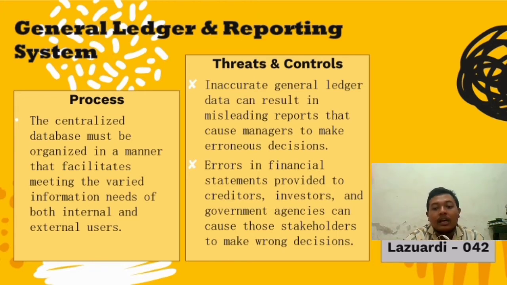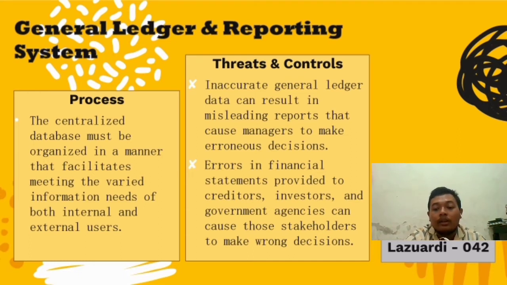For the general issues throughout the entire general ledger and reporting cycle, the threats can be inaccurate or invalid general ledger data, unauthorized disclosure of financial statements, and loss or destruction of the data.